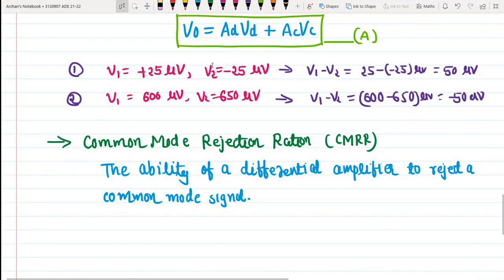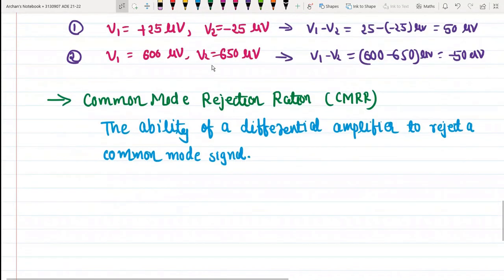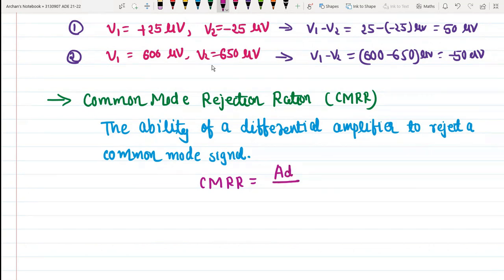And it is expressed by a ratio which is known as common mode rejection ratio, which is denoted by CMRR. Okay. So CMRR is defined as the ratio of the differential voltage gain AD to the common mode voltage gain AC.